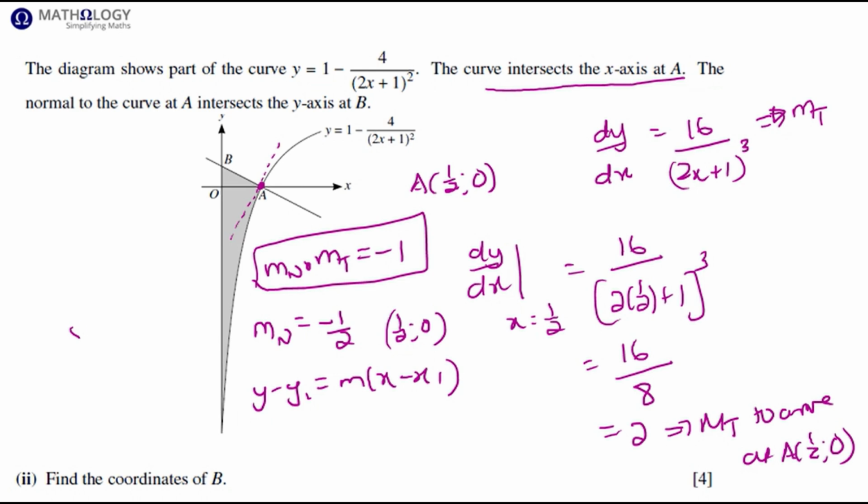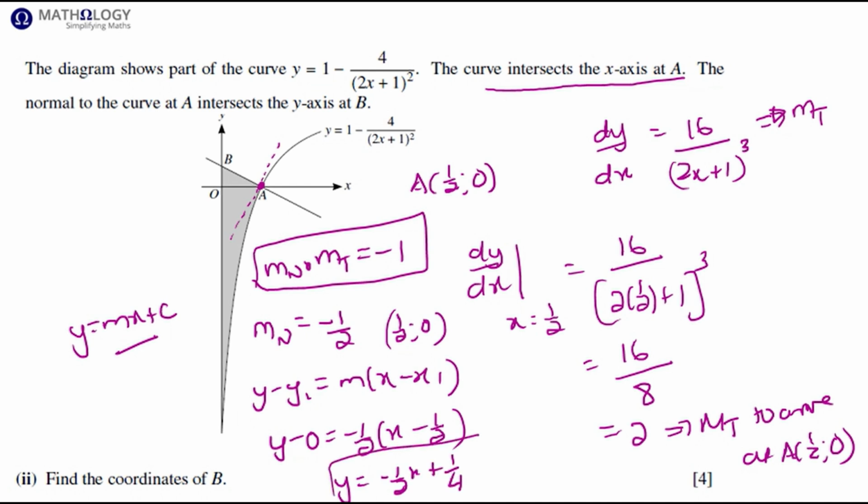You can use y equals mx plus c as well, if you prefer. Doesn't make a difference. y minus 0 equals minus a half times (x minus a half). y equals minus half x plus a quarter. And this is the equation of the normal to the curve at A.